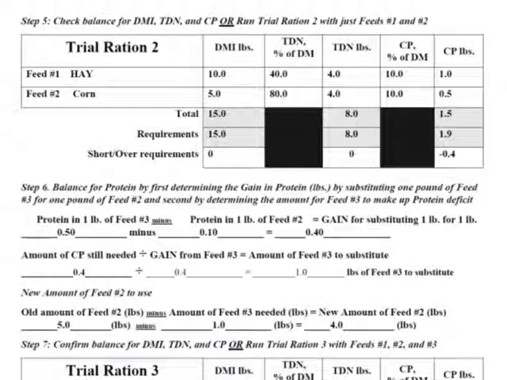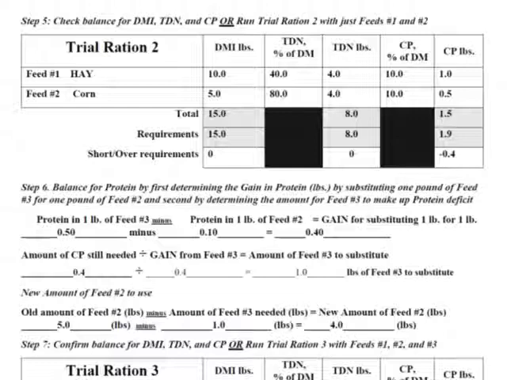So we do the math, 0.5 minus 0.1 is going to give us 0.4 pounds of gain for substituting pound for pound. I need 4/10 of a pound. I divide that by my gain of 4/10 of a pound every time I make the substitution. That tells me I need to substitute in 1 pound of feed 3 to make this ration work. So I've got 5 pounds of feed 2 up in my ration 2.